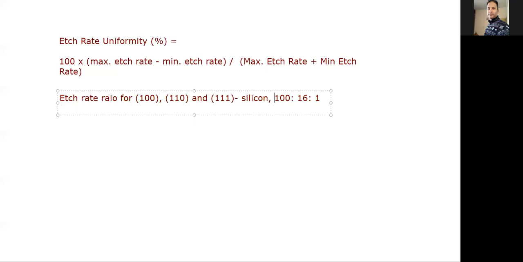So now, as we know, we have been discussing silicon dioxide. Silicon dioxide is very often etched using wet chemical etching, so you have to remember some of the etchants.